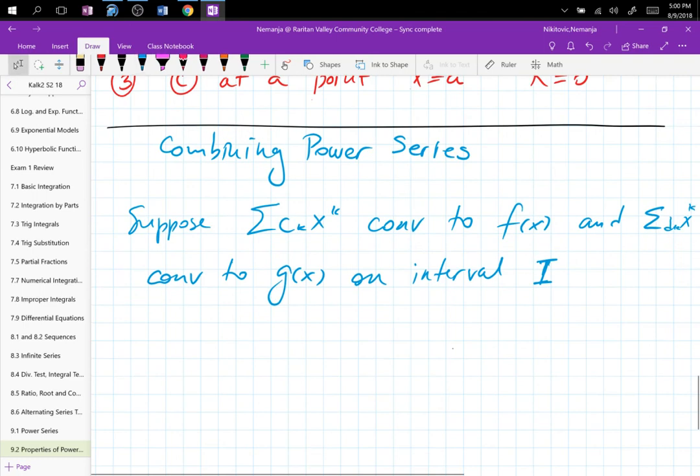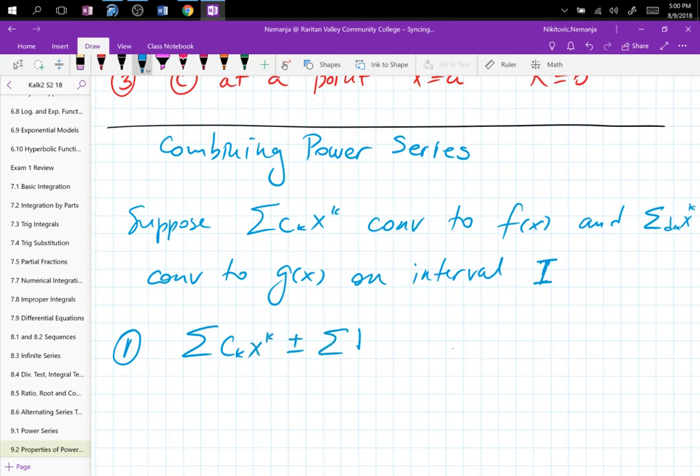So it converges, right? Number one, addition or subtraction of two power series can be brought into a single power series which is simply f plus g. And there is a minus as well. So whether you're adding or subtracting.